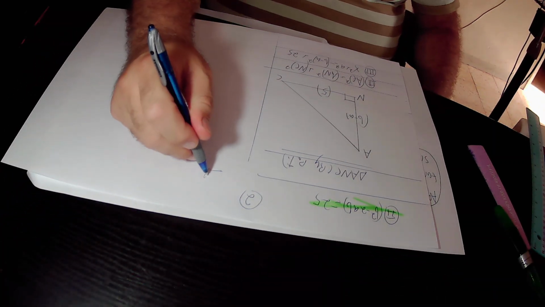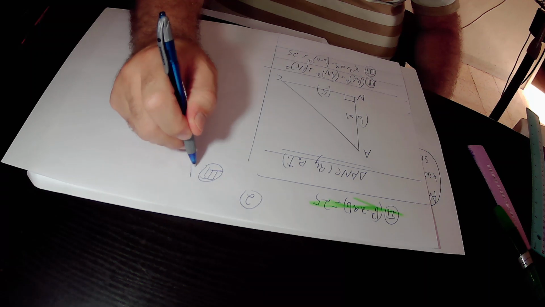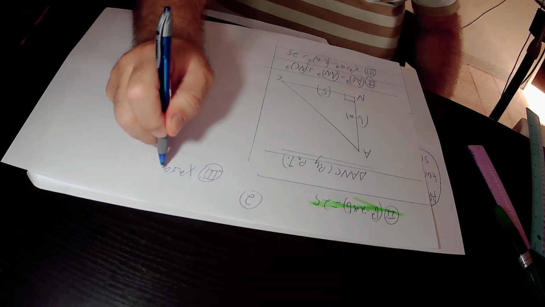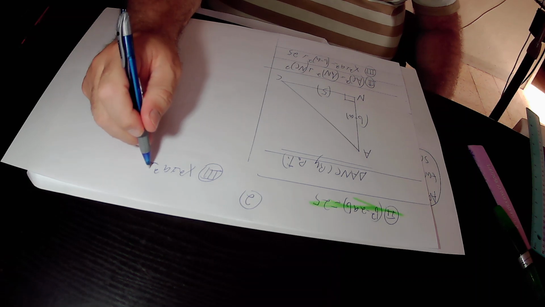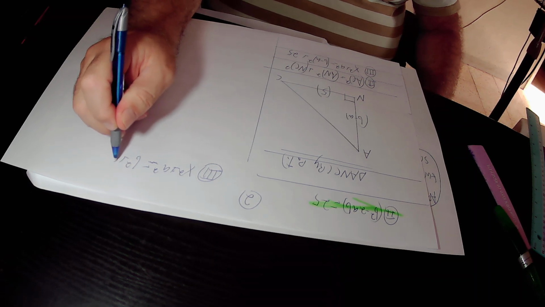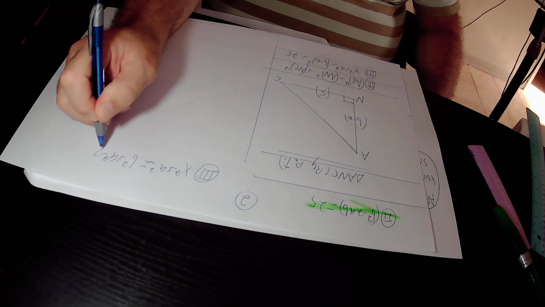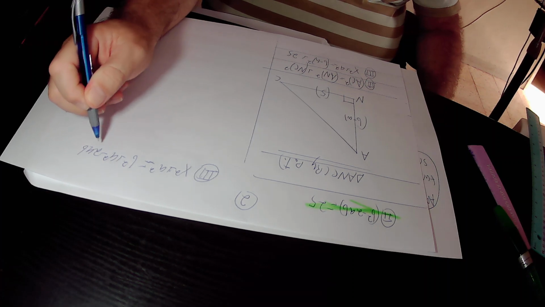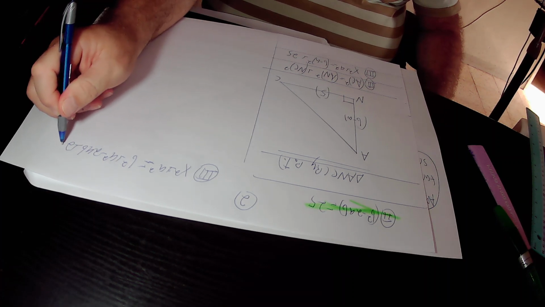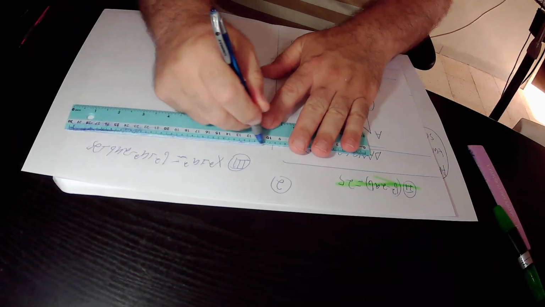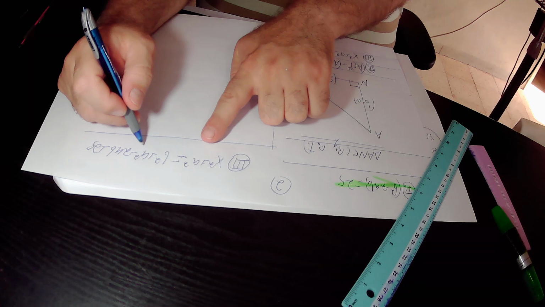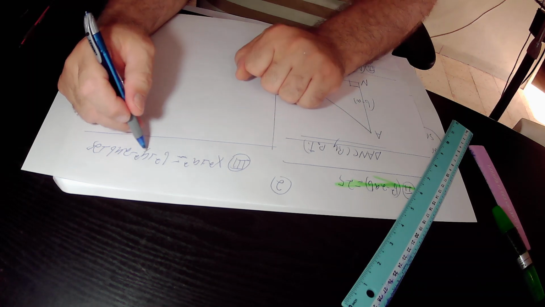So X squared plus A squared equals B minus A squared plus 25. B minus A squared is B squared plus A squared minus 2 times A times B. So here we have A squared on both sides of this equation 3, so A squared will get cancelled.